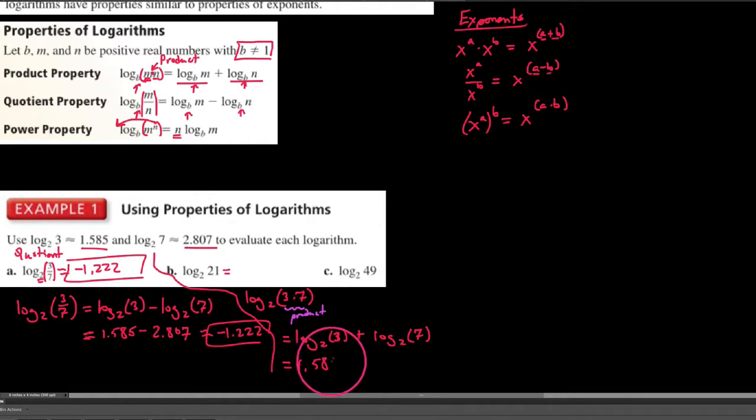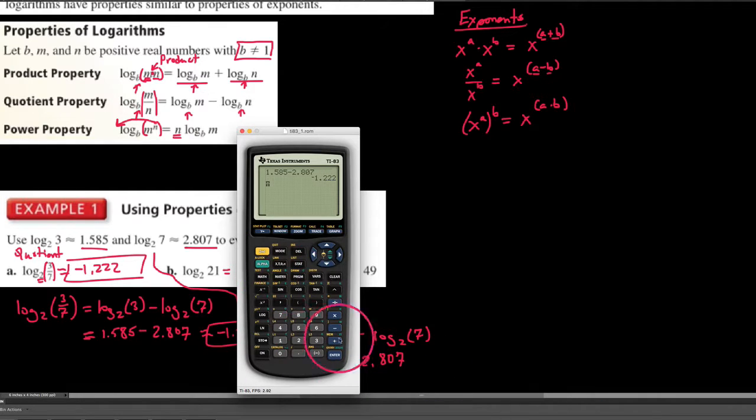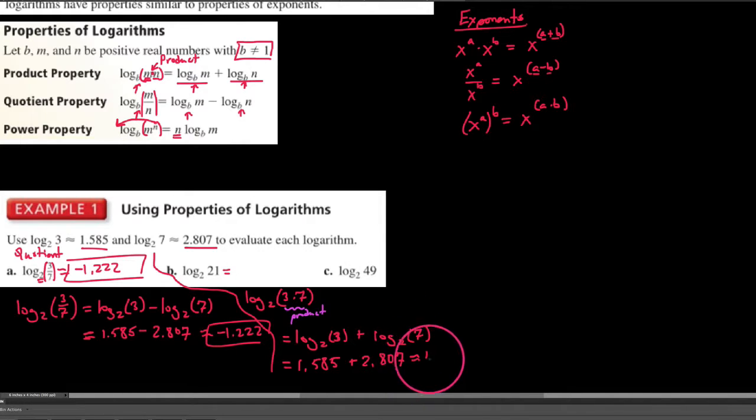This is about 1.585, and this is about 2.807, except this time we're summing them. So evaluating this as a sum, we get about 4.392, and I'll throw a box around this, but really what we want to do is come back up here and say this is about 4.392.